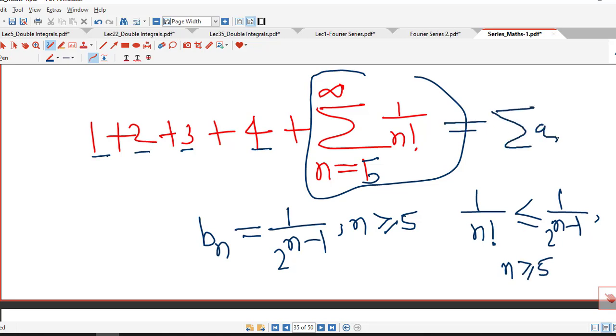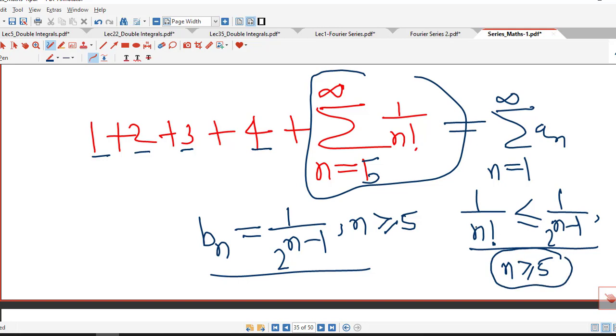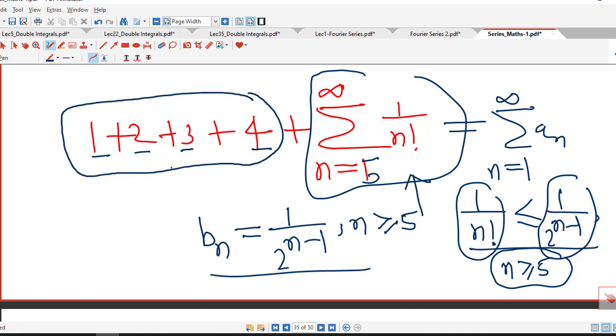This is sigma an from n equal to 1 to infinity, and from n equal to 5 to infinity we are getting this relationship. So if we are starting from n equal to 5, then also no problem, we can apply comparison test. So we will check the convergence from n equal to 5 to infinity. If this series is convergent, then because we are adding finite number of terms in this series, it will not affect its convergence.